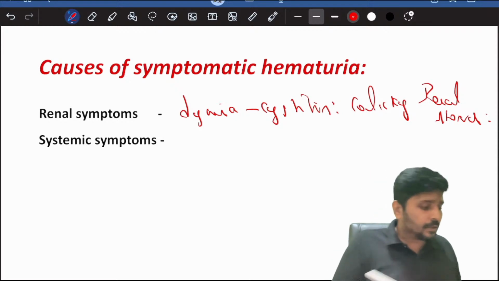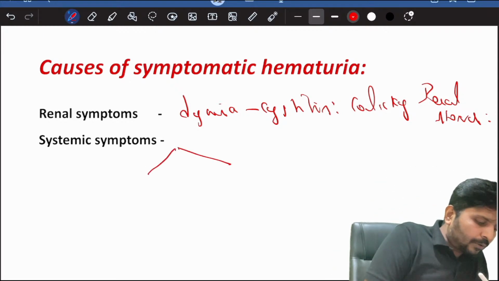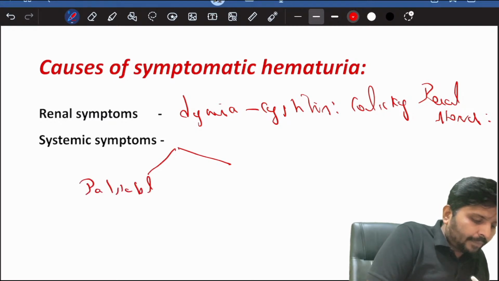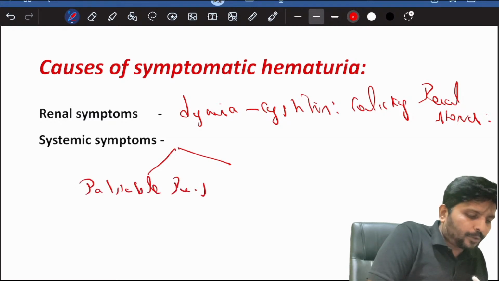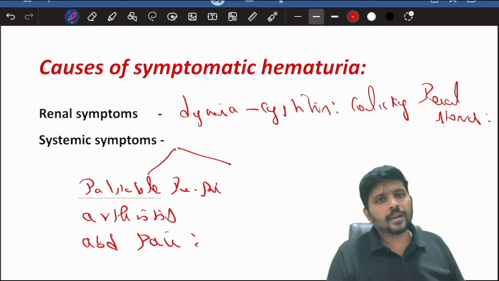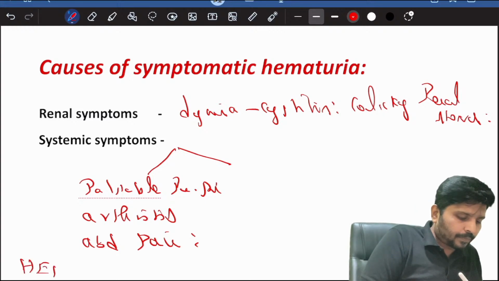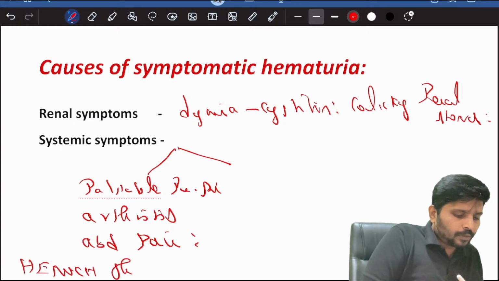Systemic symptoms: the child is having palpable purpura, arthritis and abdominal pain with hematuria. Can you tell me the diagnosis? HSP, Henoch-Schonlein purpura.